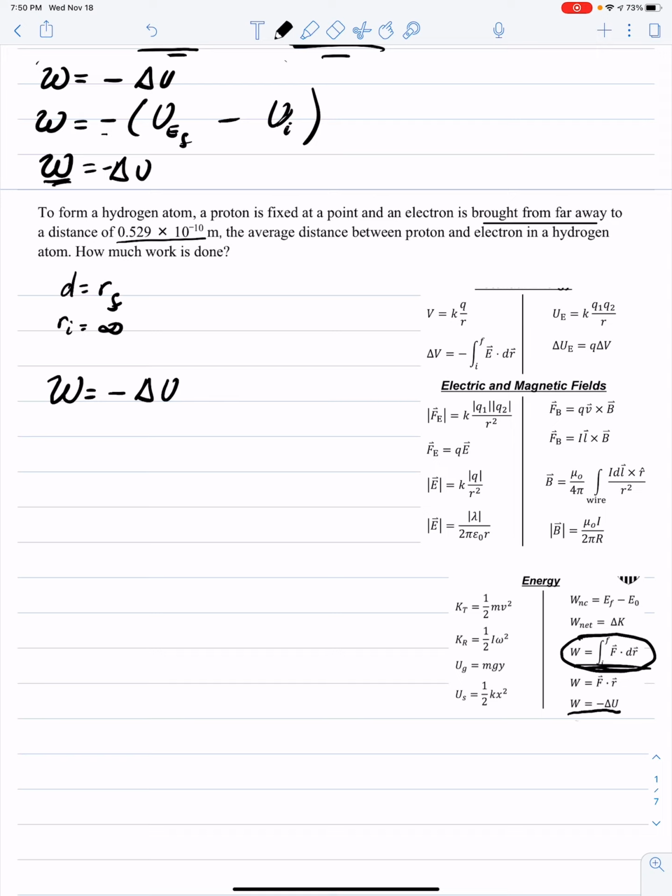And then we go on and say, okay, so if work is equal to change in potential energy, then that means negative U final minus U initial is equal to work. Looking at our equations, right here, that's our equations.